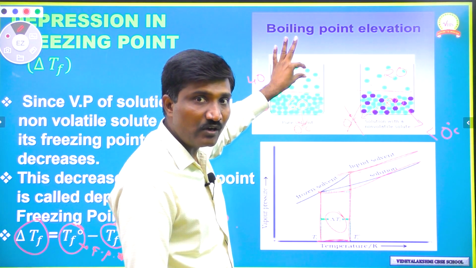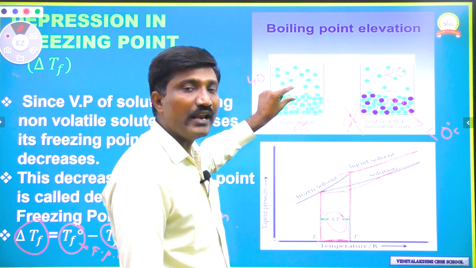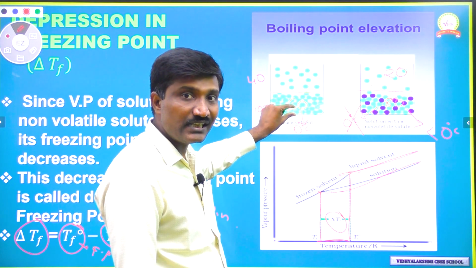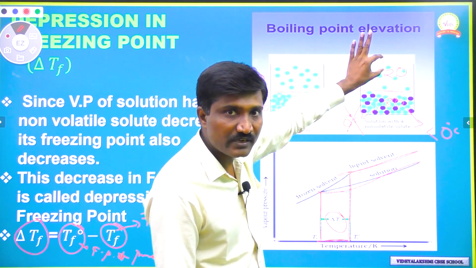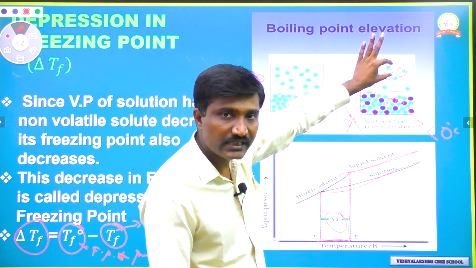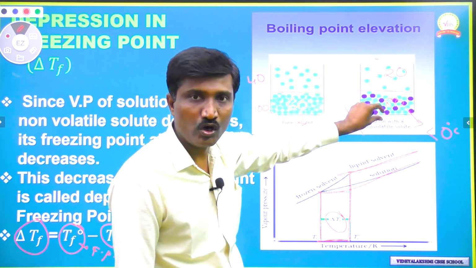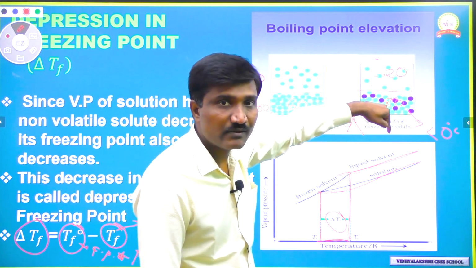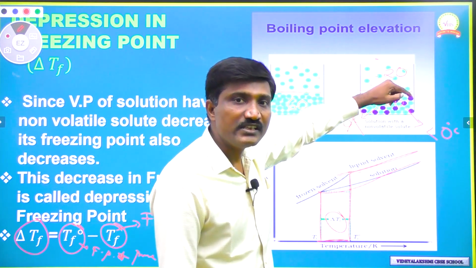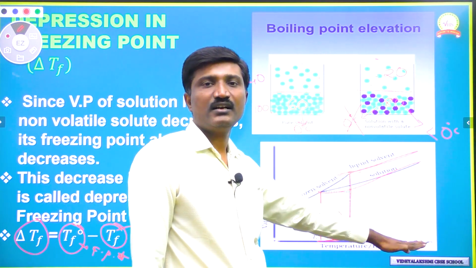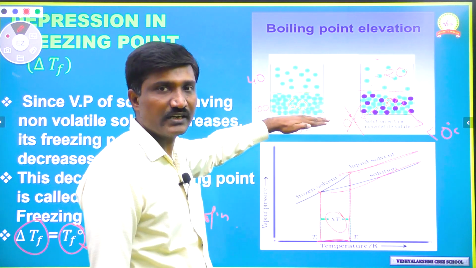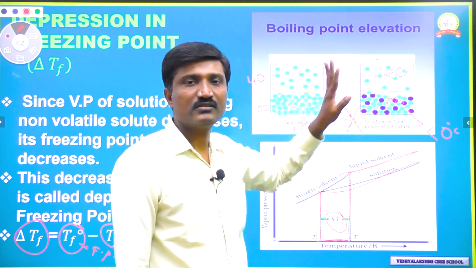Where vapor pressure is more, the number of liquid particles in the liquid state is less. Where vapor pressure is less, the number of liquid particles in the liquid state is more. So this one's freezing point decreases further, but here the freezing point is more compared to the solution.